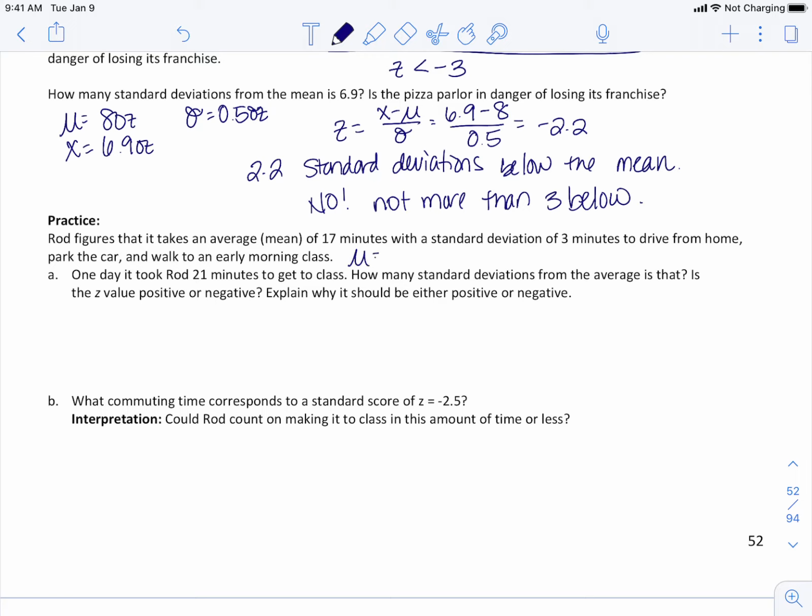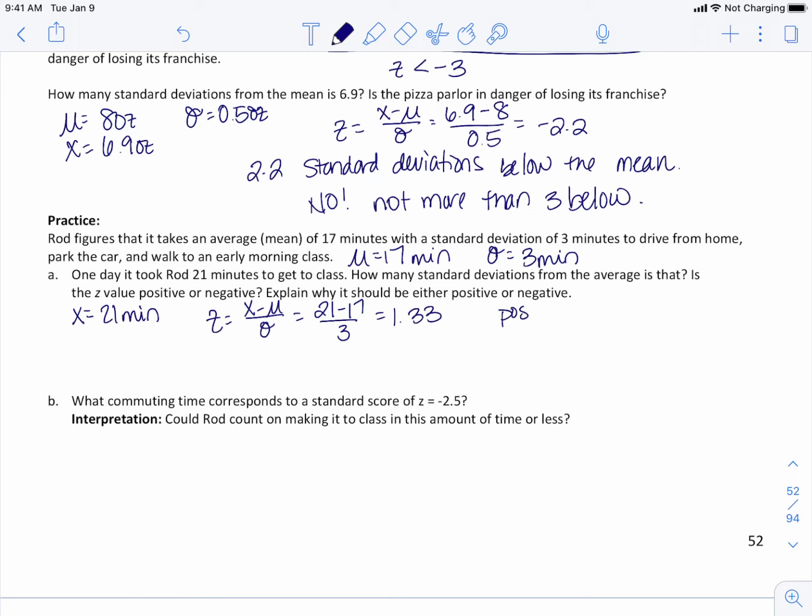So we have our mu is 17 minutes, and our sigma is 3 minutes. So our x is 21 minutes. Z is equal to value minus the mean over standard deviation. So 21 minus 17 over 3, which gives us 1.33.